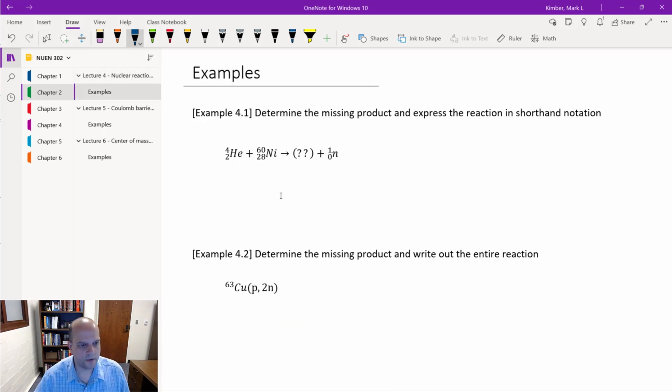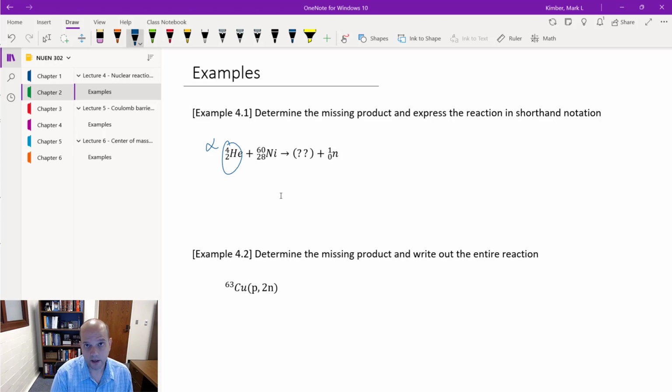Our first example, we're looking at helium-4 and nickel-60, and this helium-4 is my alpha particle. We want to find the missing product, and then express the reaction in shorthand notation.